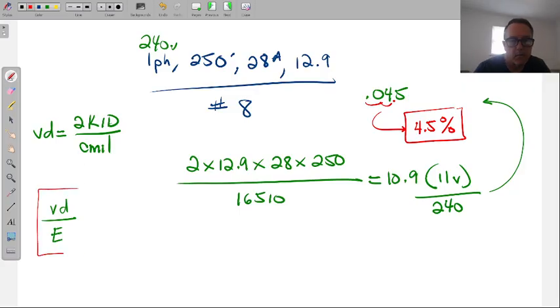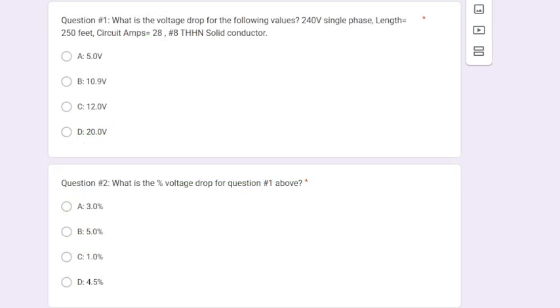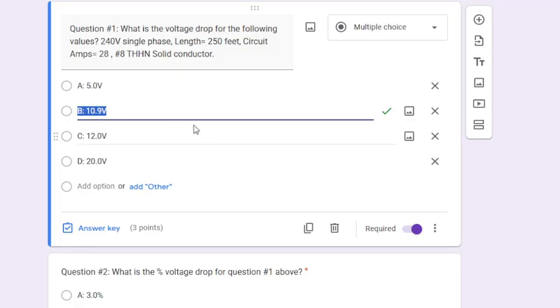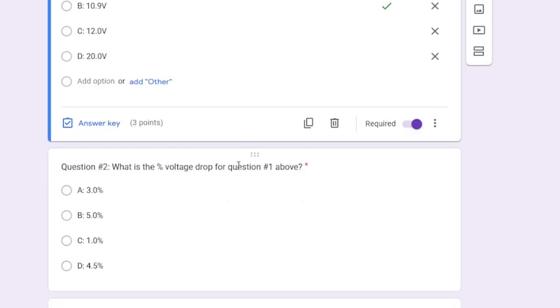Here's the formula for question 1 and question 2. So I'll pop back over here. Question 1, there's the 10.9, so question 1 is B. So this is what I would write down. Have this noted down, question 1 B. So when you come back to this, you can select B. And then question 2 says, what is the percentage voltage drop for the above question?